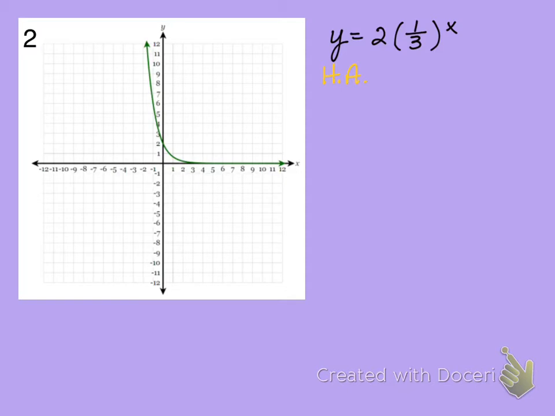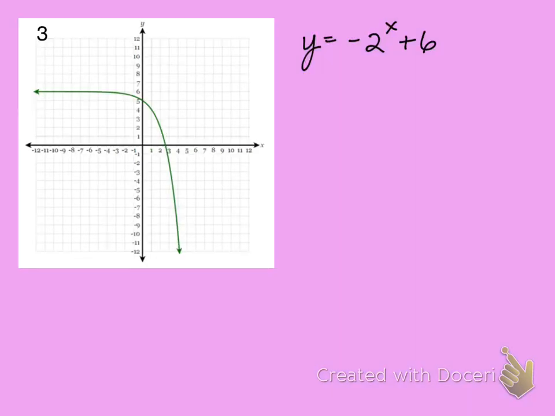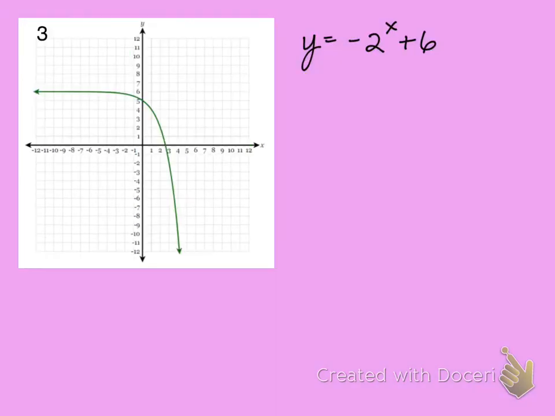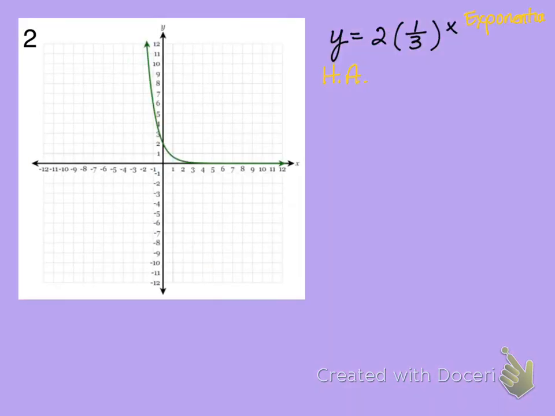Horizontal asymptotes for exponential functions are dependent on the vertical translation of your exponential functions.